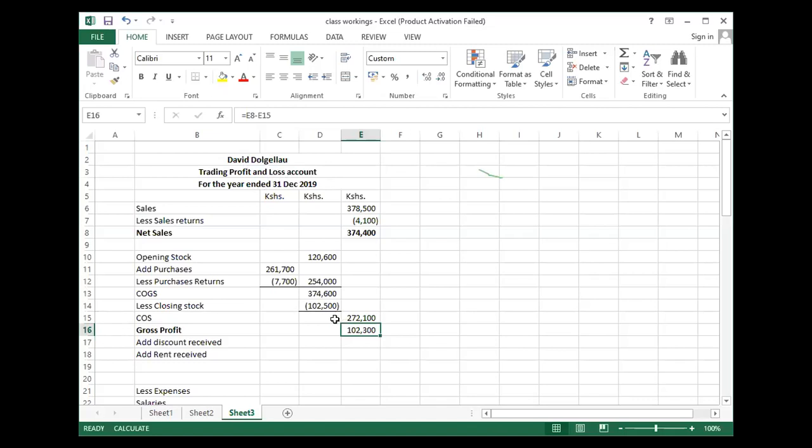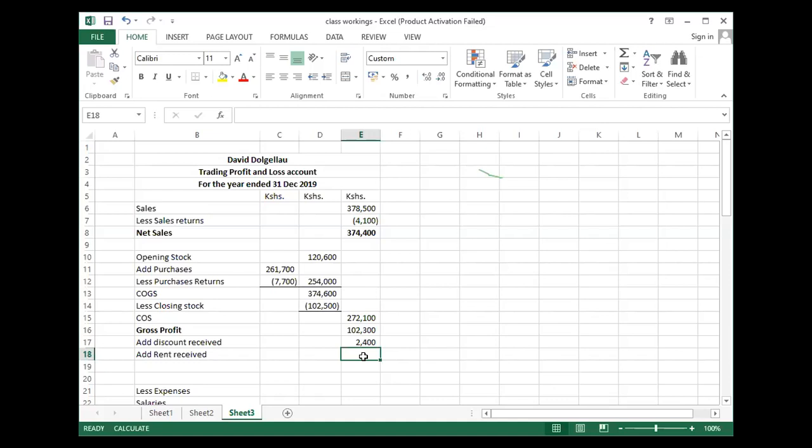But among the information that we have, there are some items that we include here, like discount received. Can somebody give us the amount from the trial balance? It is 2,400, and therefore you add it there. Any other income?